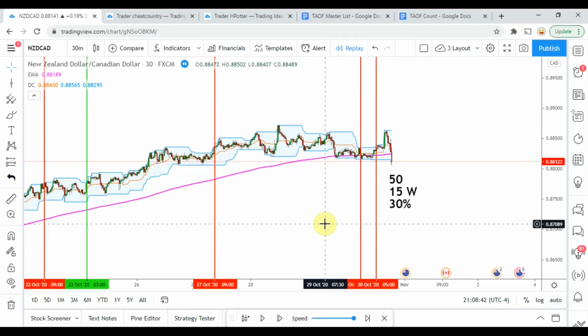So there you go. That's the supposed best Donchian channel trading strategy ever. This particular case on this pair, 30 minutes, it was only able to get a 30% win rate. So I don't recommend it on this particular pair. Maybe it's this pair that did it. I'm not really sure. Maybe some thorough testing across some other pairs might be able to get you to the win rate that they were able to achieve in the video.